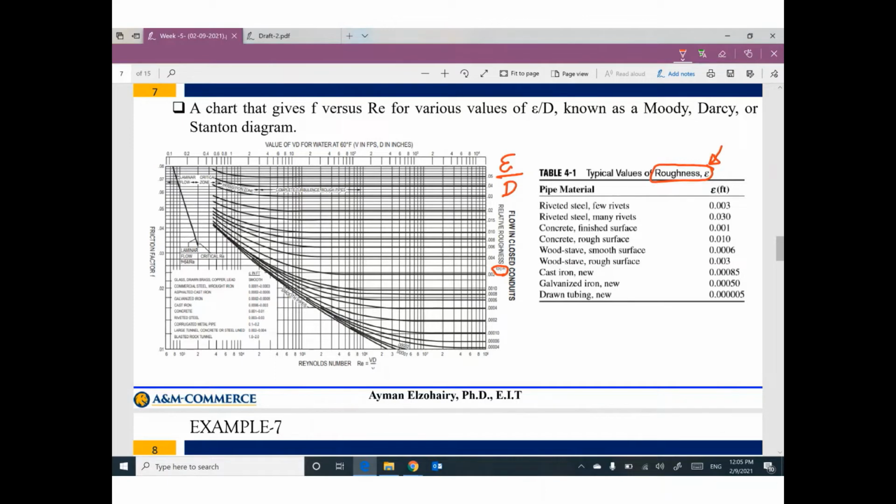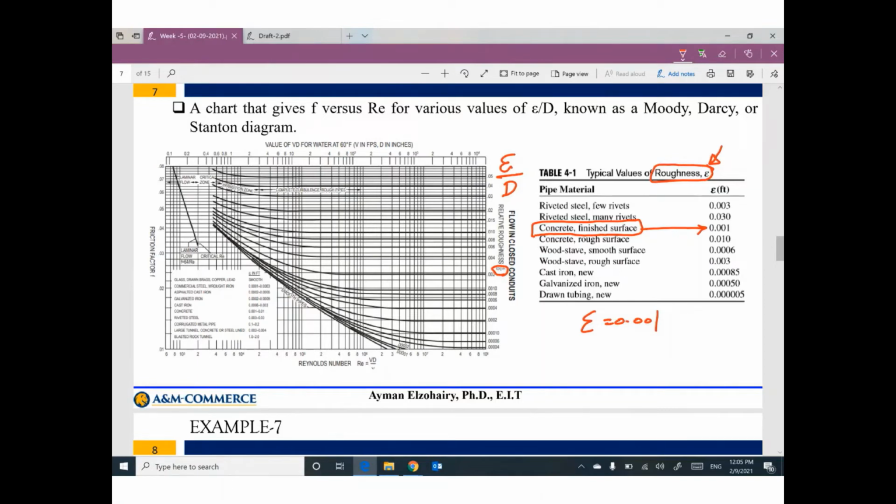If the material used for the pipe is concrete with finished surface, the value of epsilon equals 0.001. So epsilon equals 0.001. That makes sense? That makes sense?